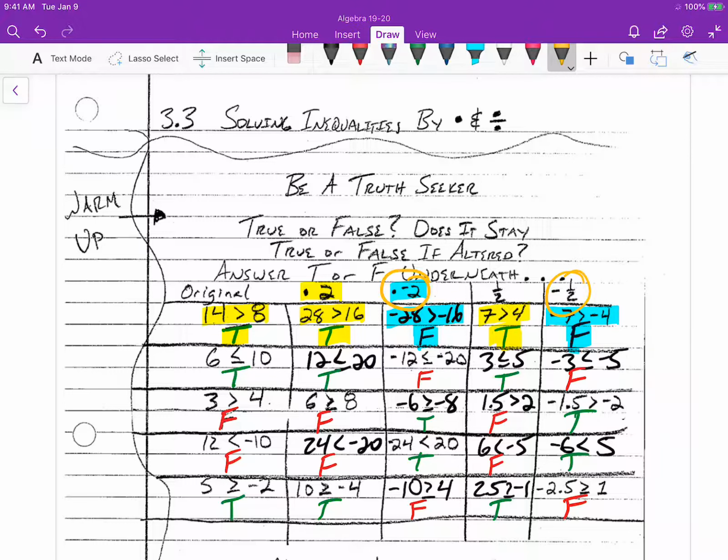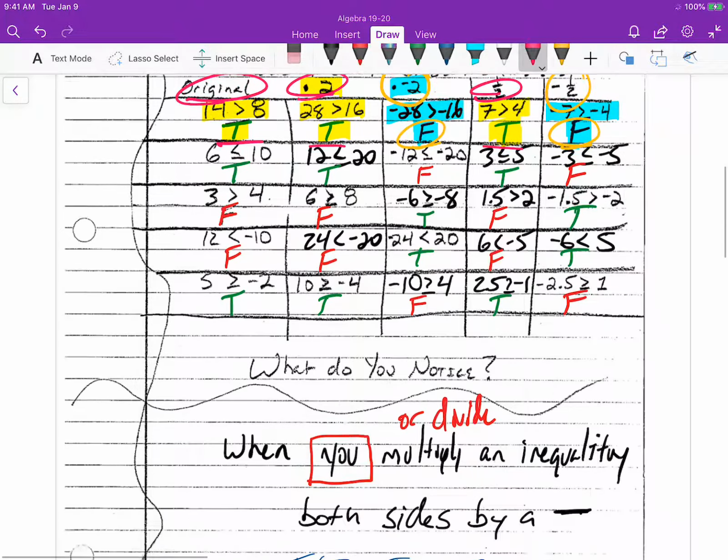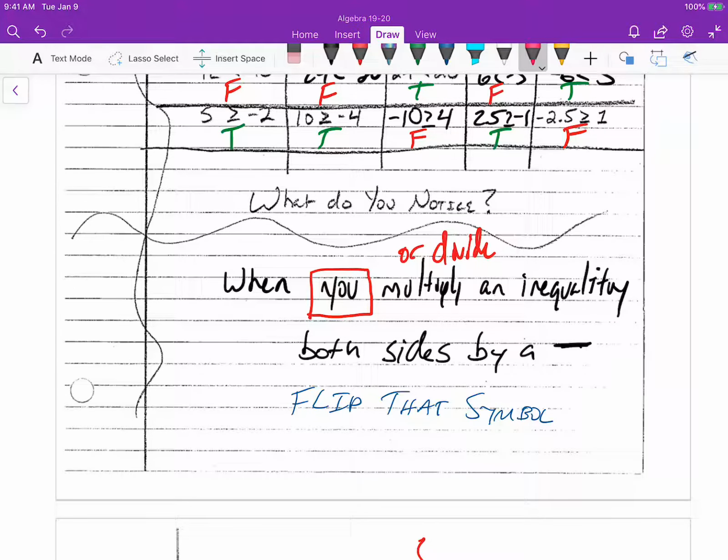When we did the negatives, they became false, even though when we did positives, the original, they were true, true, true. I wonder if there's a pattern there. What do you notice? Well, here is the moral of the story.